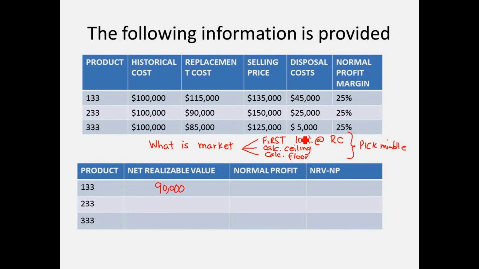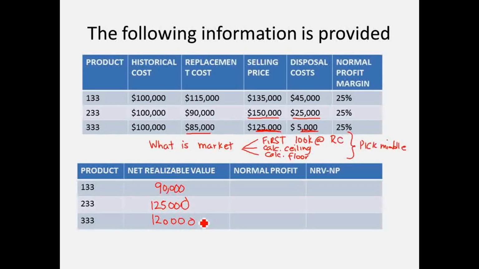How much would I realize in net from selling that product? $125. And for the last product, how much would I get net? $120. Now how much do I normally earn as a profit?